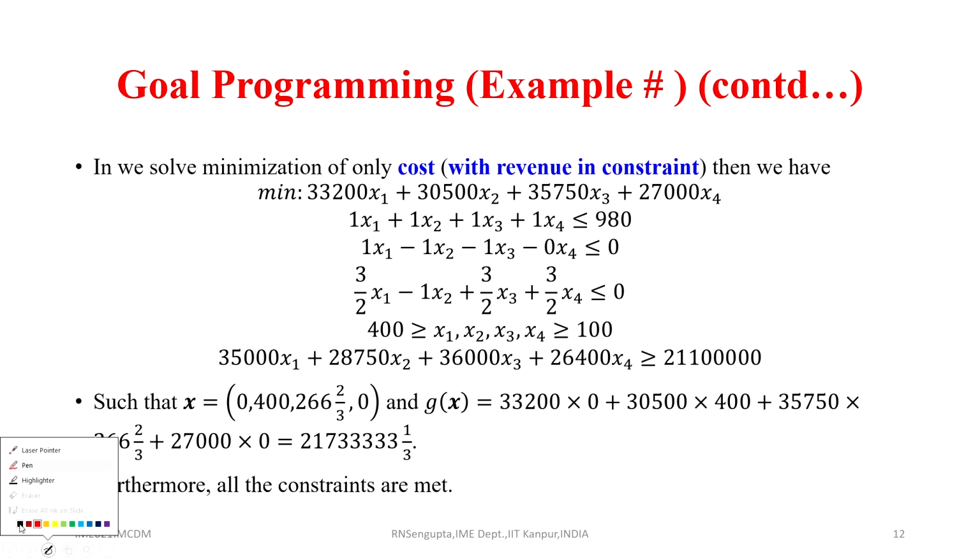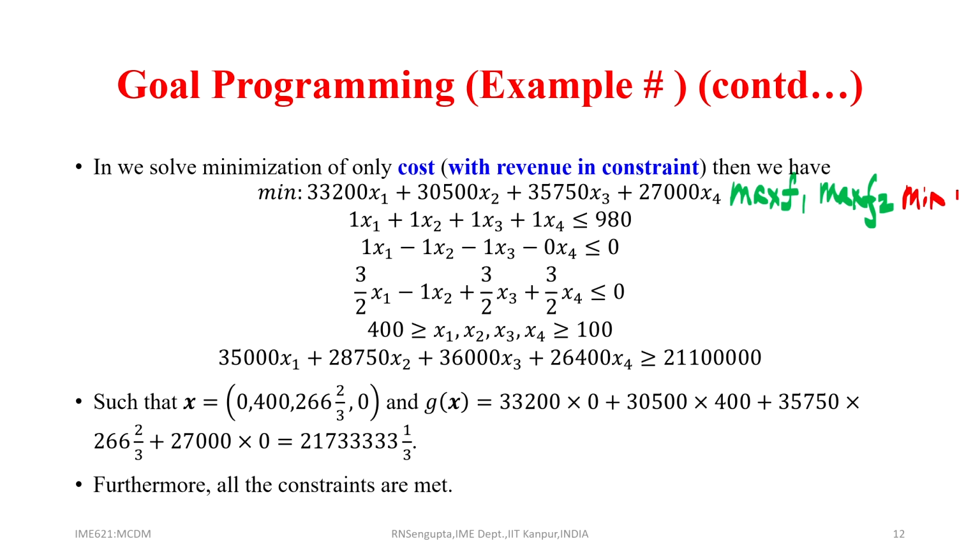So you have max of f1, max of f2, min of g1, and the constraints were h1 greater than b1, h2 equal to b2, h3 less than b3. So this was the problem.